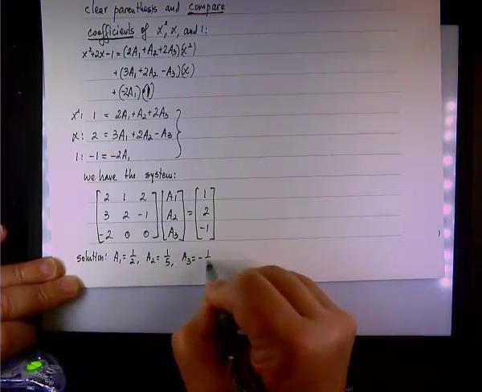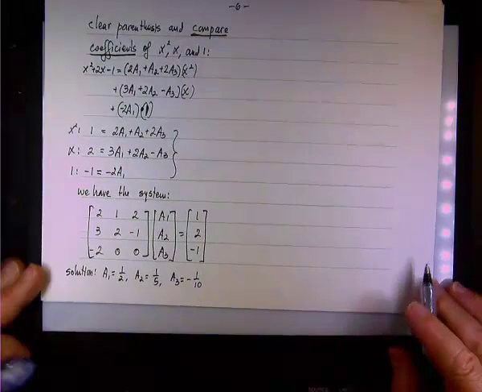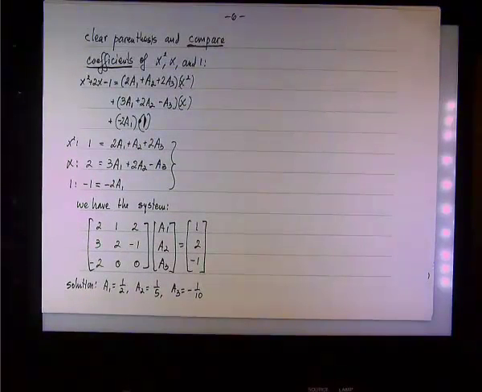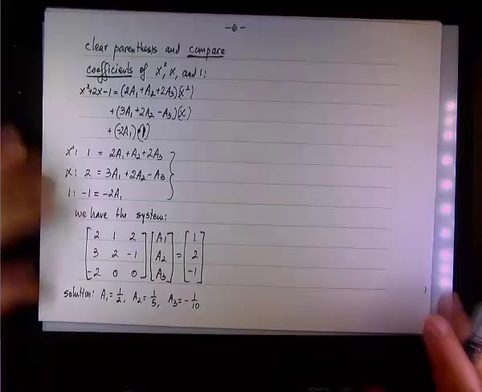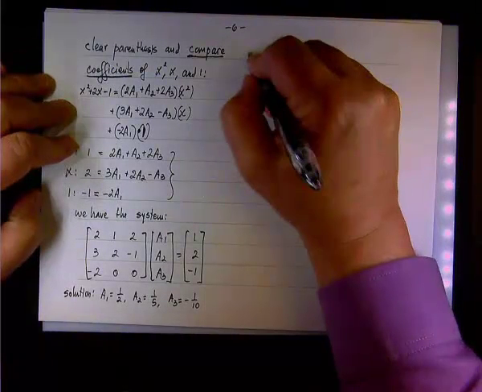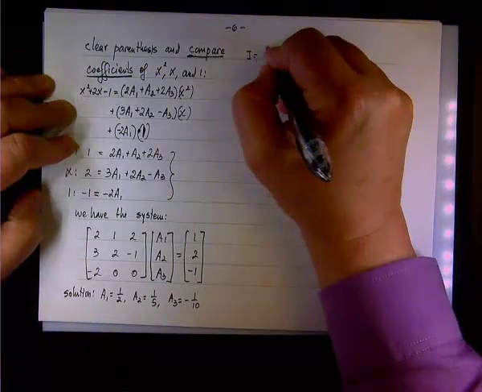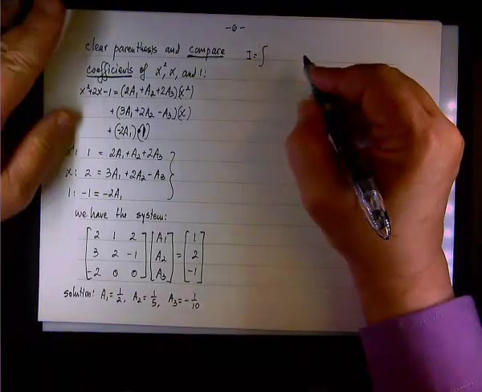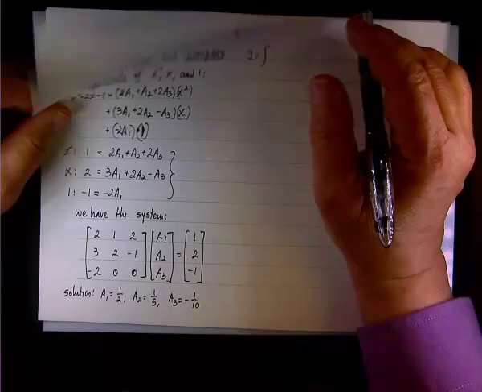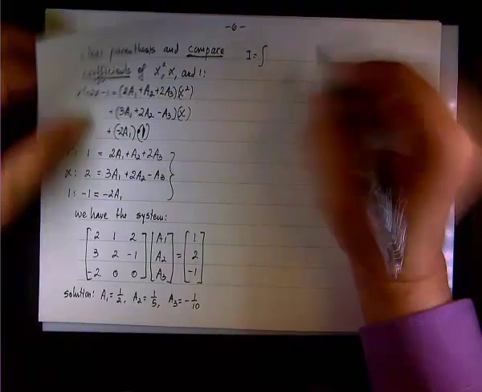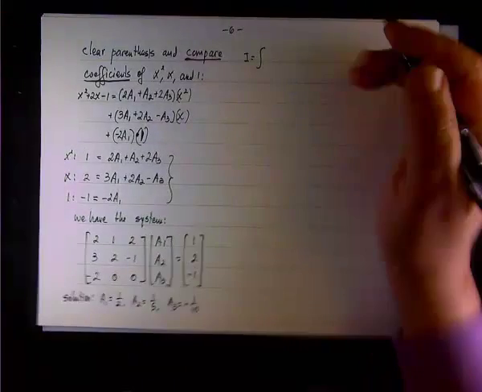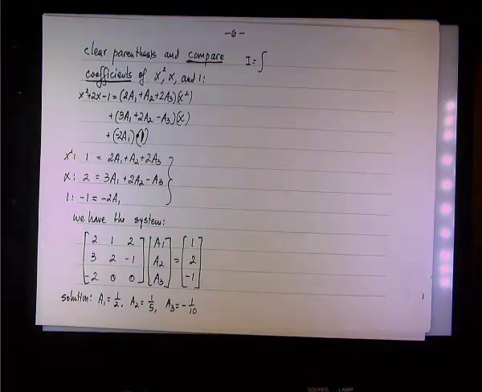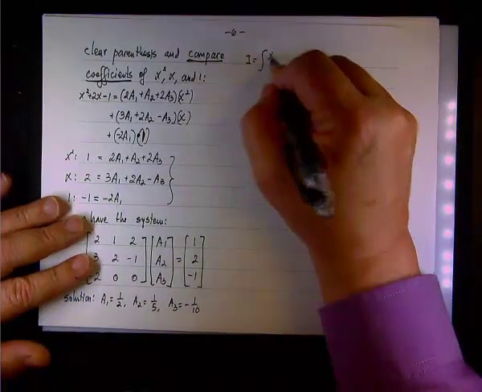Okay? So, the solution: a1 is 1/2, a2 is 1/5, and a3 is −1/10.